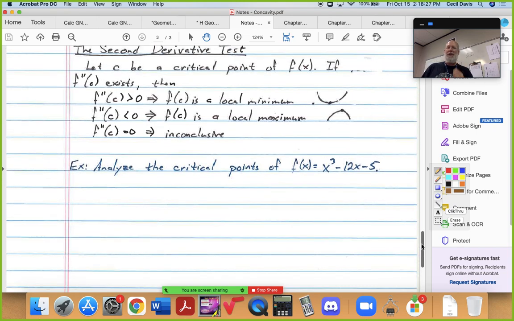So here's the deal. Let c be a critical point. That means either the first derivative is 0 or the first derivative does not exist. If the second derivative at that point exists, does that mean the first derivative couldn't fail to exist? Can you have a point where the first derivative doesn't exist, but the second derivative does?